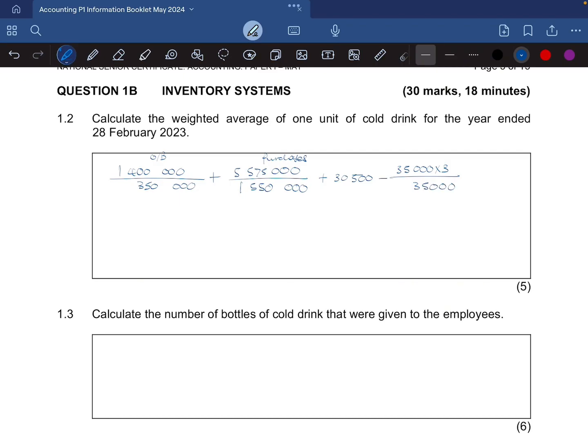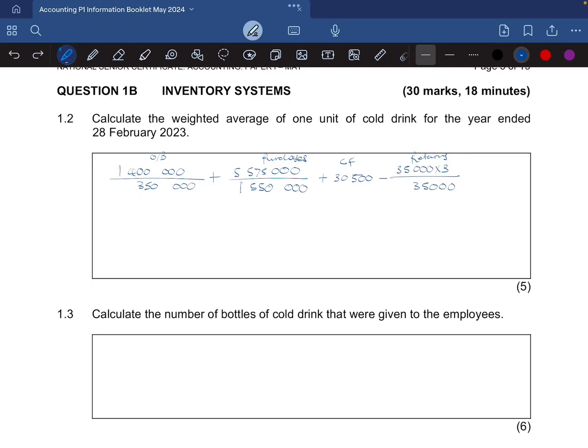So these are carriage fees. I'll just say CF so we can see those are carriage fees. And then here on top, we have returns. Remember, these units are not available for sale. That is why we are going to subtract them.